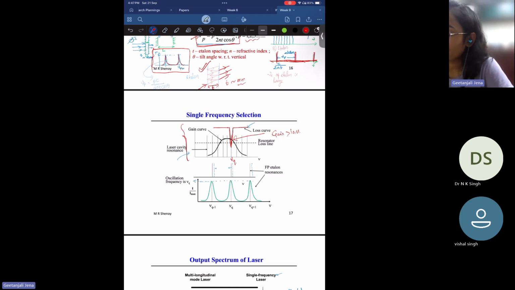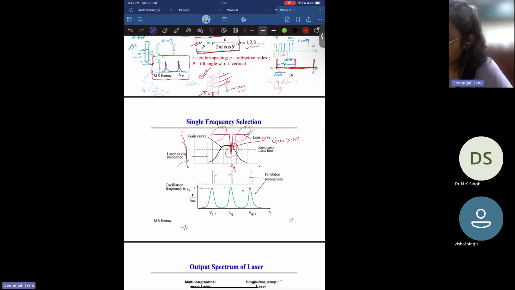Okay. So now let us see how these losses are achieved and how this low loss is achieved using an intracavity etalon. For the etalon, the transmission will be high around a frequency, let us say with another index, nu p. nu p will be 3 times c by 2 t cos theta.